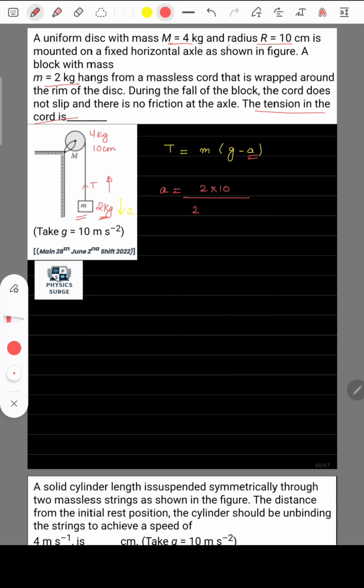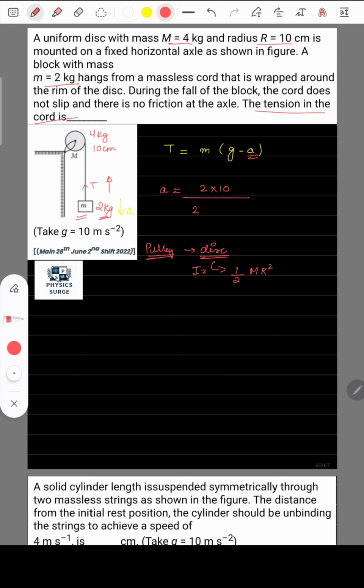Here the moment of inertia is not given, directly the mass of the pulley is given, and the radius. The pulley acts like a disc. If it acts like a disc, hence the moment of inertia is half m r square.